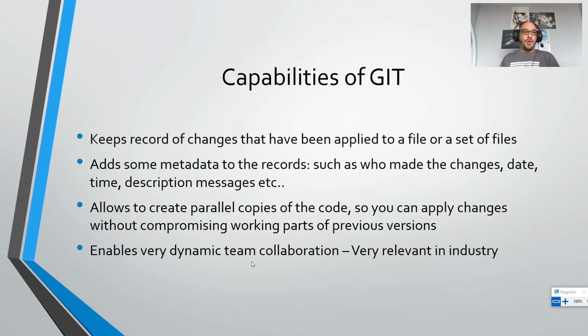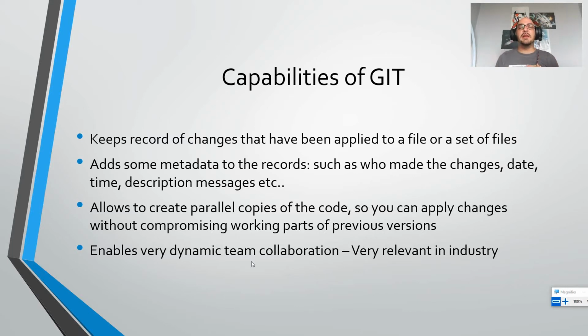Now, what can I do with Git? I can do a couple of things, but among others, I can keep a record of the changes that have been applied to a file or a set of files. In our case, it's going to be our source code. It will also add some metadata to those records.